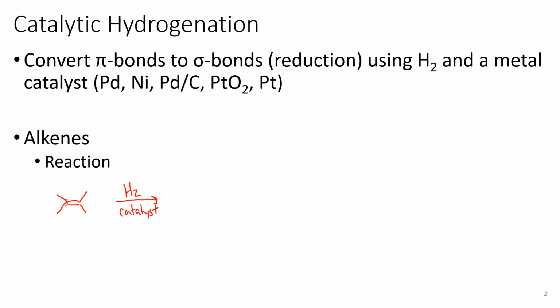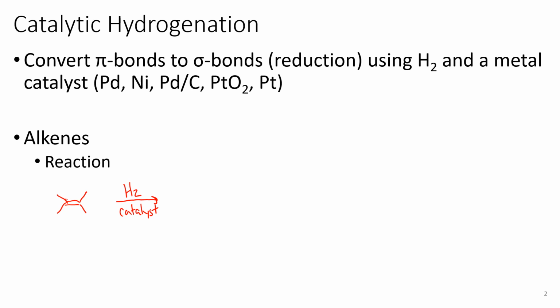We have our alkene, which is typically going to be a liquid. We have our hydrogen, which is in the gas state, and then we have our catalyst, which is a metal, so it will be a solid state. So we see these heterogeneous catalysts where we have different states of matter. We have to find ways to make sure that they all interact together and make sure we have a high surface area interaction between all three of our different phases.